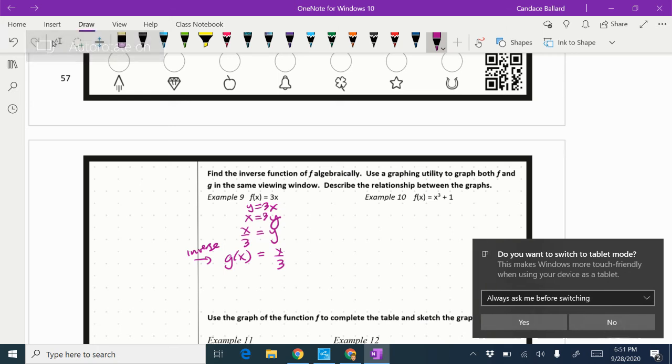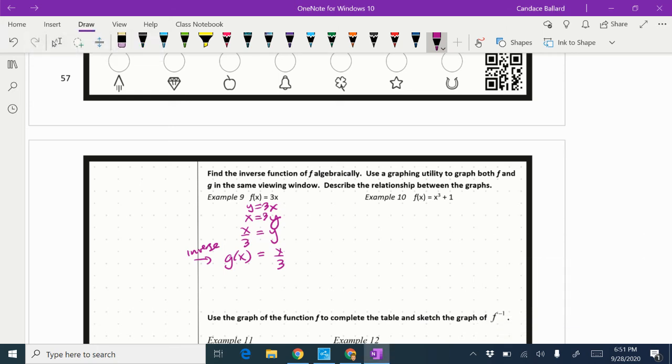So we would want to say that the graphs are inverses of each other, because they are symmetric across y equals x, or you could say they're a reflection across that.